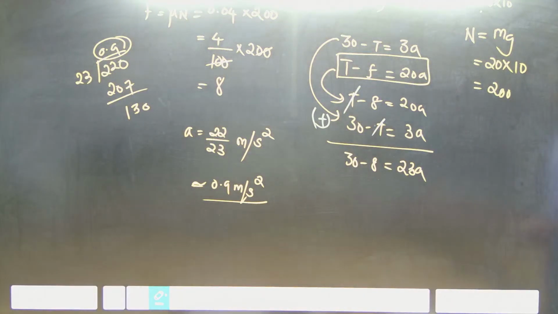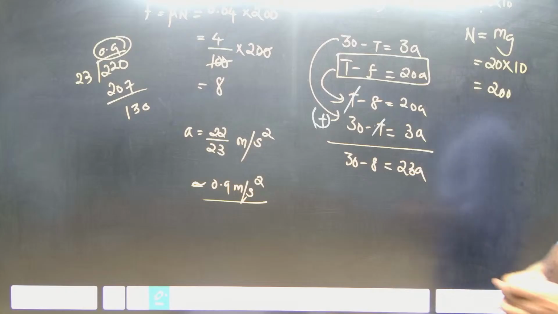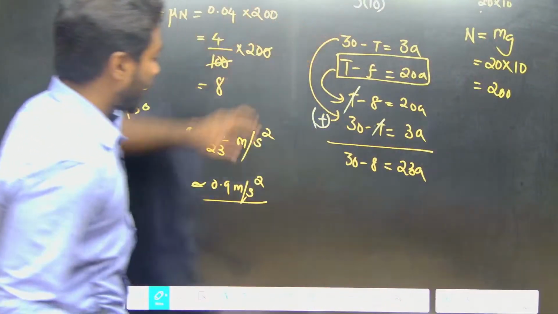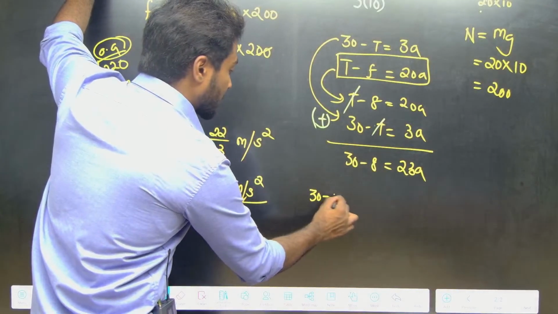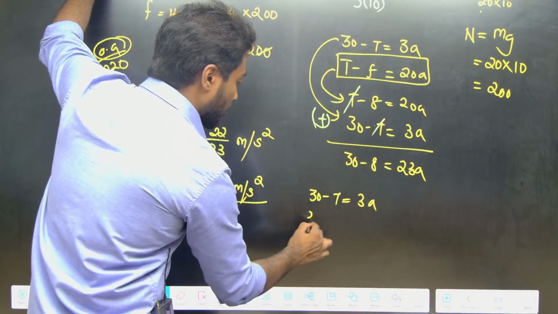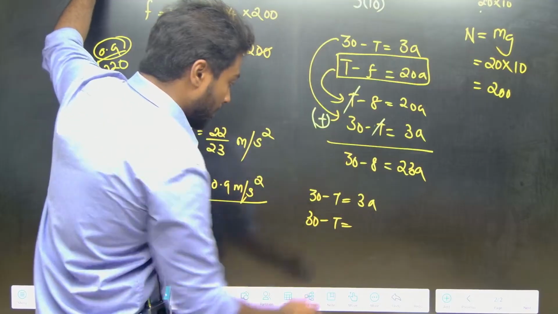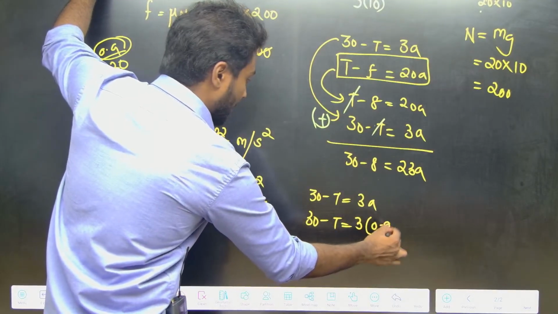That's it. Now if I want to find the tension, how to find the tension? We got the acceleration. So 30 minus T will be equals to 3 into A. So 30 minus T will be equals to 3, it is 0.9 we have taken approximately.